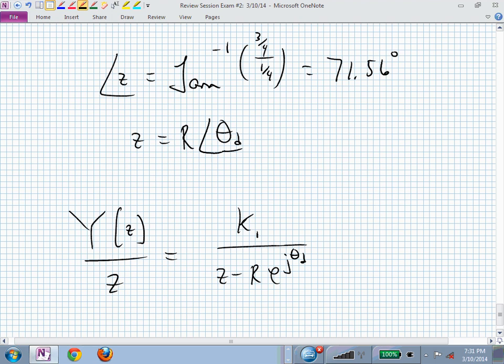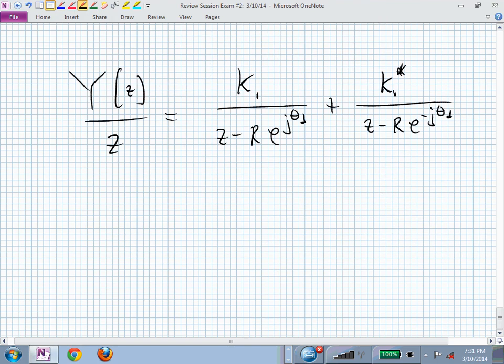That's the pole at r at an angle plus theta sub d. That's the factor for that piece. And then I have its conjugate, K1 star, as the partial fraction expansion coefficient for r e to the minus j theta sub d.